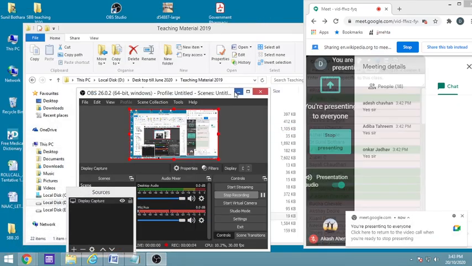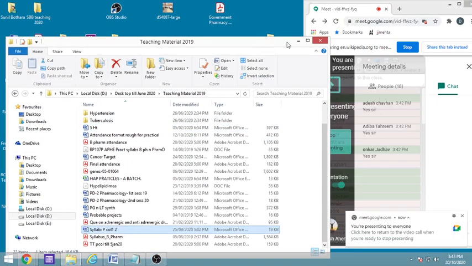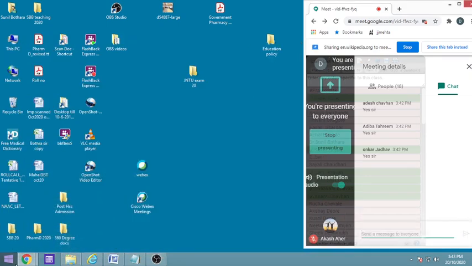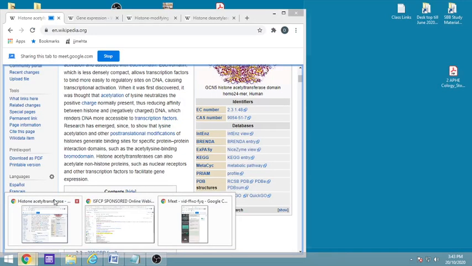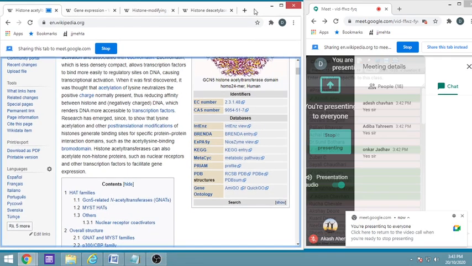So the next topic we have today is various enzymatic activities which are acting on histones. We have seen histones, they are a very important constituent of the nucleosomes, and they play a very important role in the compaction.